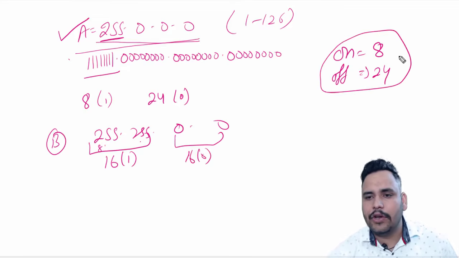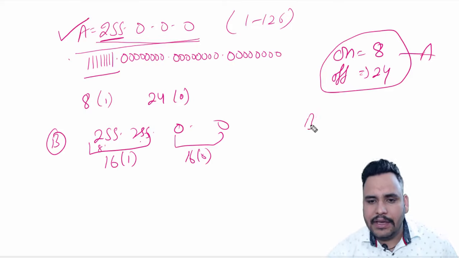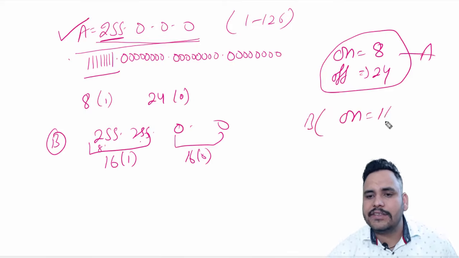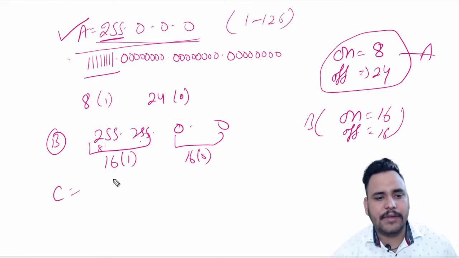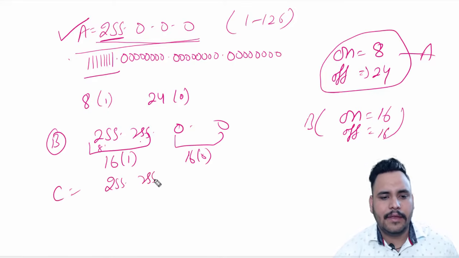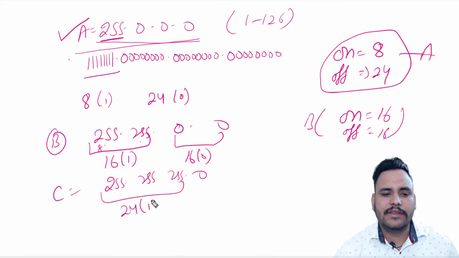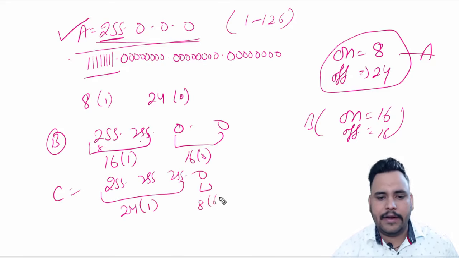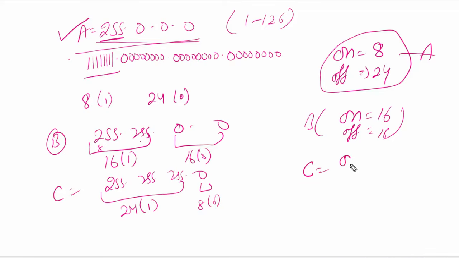So in B class, on bits are 16 and off bits are 16, both the same. In the C class subnet mask, there are 24 ones and 8 zeros, so in C class, on bits are 24 and off bits are 8.